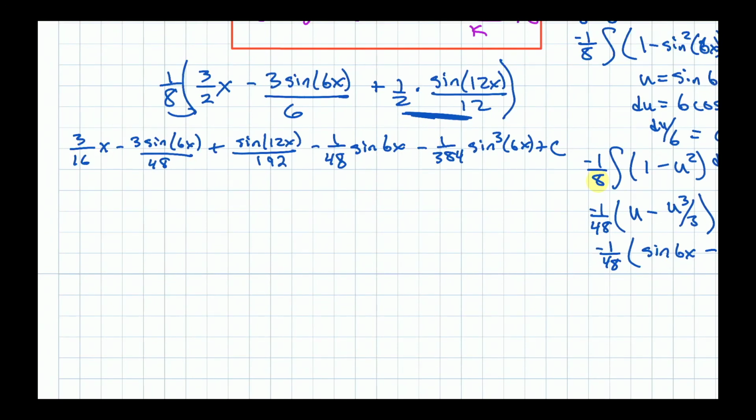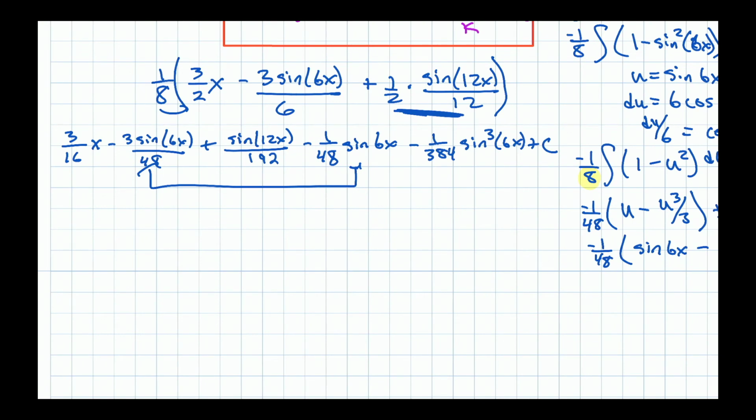Now, let us write our answer now, because I have to rewrite it because there's like terms, not those. These are like terms, right? They're both sine 6x's. So if I want to write my final answer, I have 3 over 16x minus, I've got 3 over 48 minus 1 over 48.